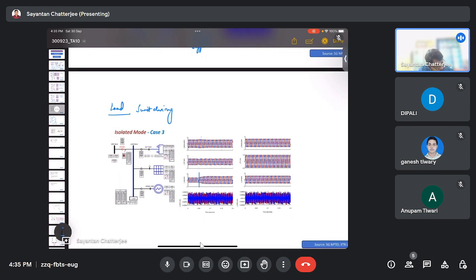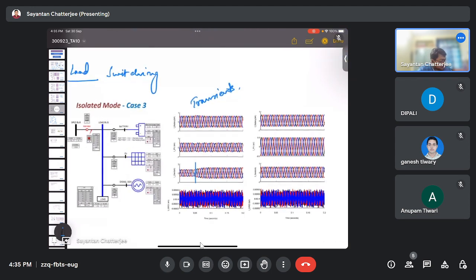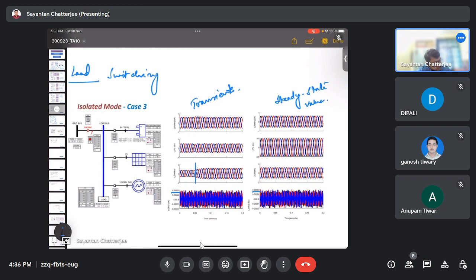There are some transients, and this is the final steady state value. But here also, the grid side current reading is zero. This is the time it took for the load to change to a different value.